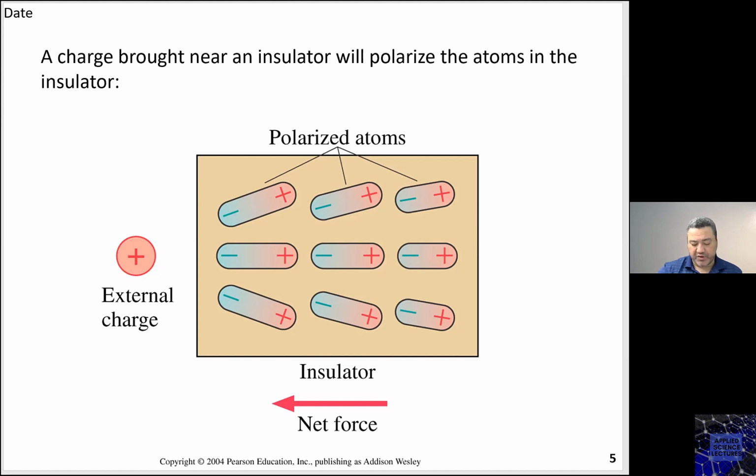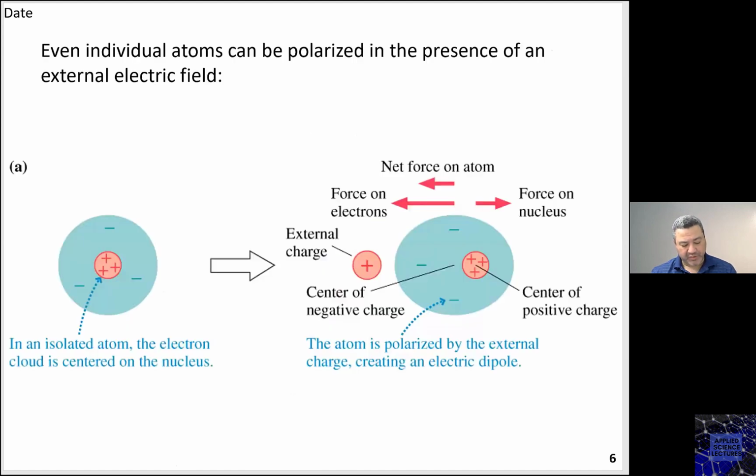And this is because of this external charge that is creating an external electric field, and this electric field is inducing forces on those charges, causing them to rotate in this direction, as we will see in more detail in the coming slides. So that's what we were talking about.